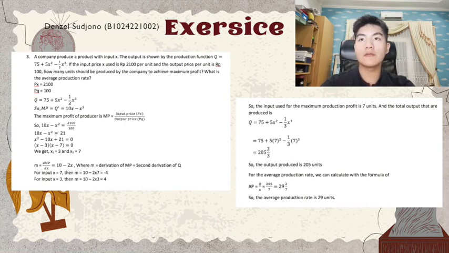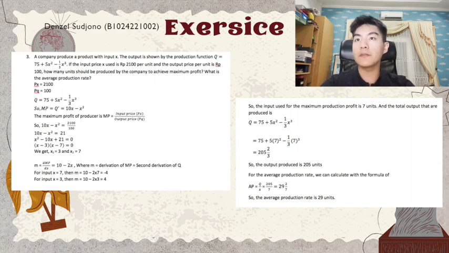So the input used for maximum production profit is 7 units, and the total output produced is Q equals 75 plus 5x squared minus 1 per 3 x to the power of 3, which also means 75 plus 5 times 7 to the power of 2 minus 1 per 3 times 7 to the power of 3, which equals 202 per 3.